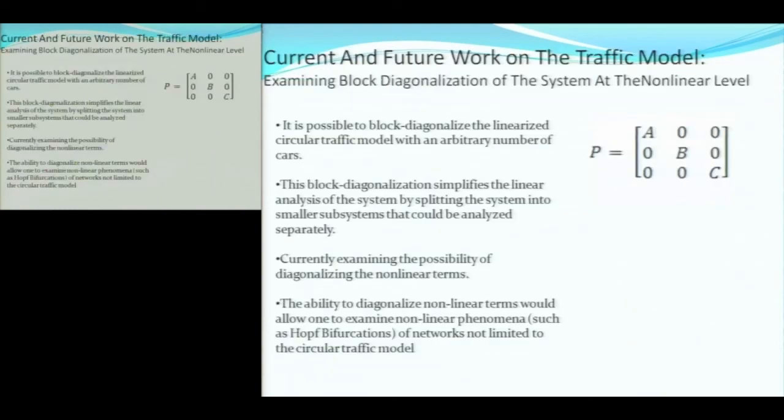So of course, this nonlinear analysis was complicated. That's why it's not often done for a system. So what we wanted to do is use a similar technique to the one we used in 2011 to analyze the system on a linear level. What we did back in 2011 was take a look at our system and block diagonalize it using the eigenvalues of the Laplacian matrix.